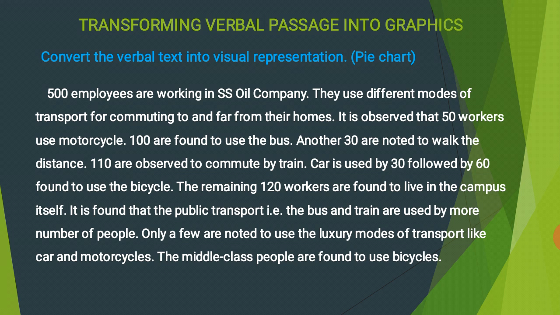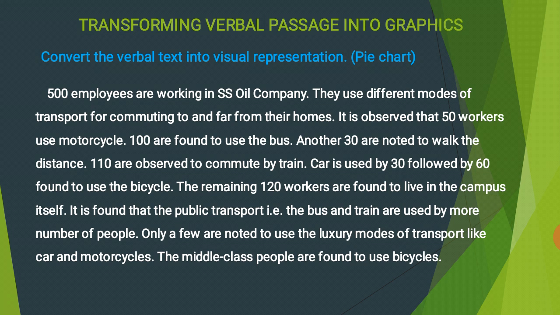For example, I have a passage for transforming verbal passage into graphics. The question will be asked like this: convert the verbal text into visual representation, that is a pie chart. There is a passage given here. 500 employees are working in SS Oil Company. They use different modes of transport for commuting to and from their homes.